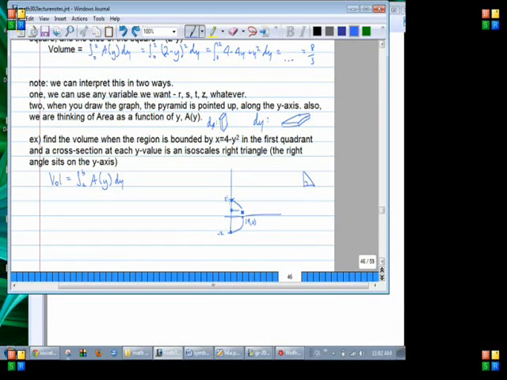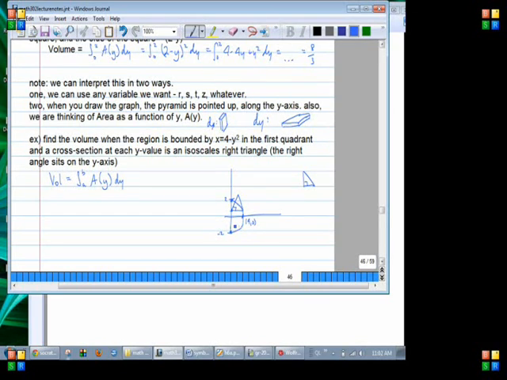Actually, let me draw it this way. So like this and this. And imagine that you're looking at it from the side, so that's a right angle. Or imagine you're looking at it askew, because we're trying to represent three-dimensional things on two-dimensional paper, and that's always hard, right?